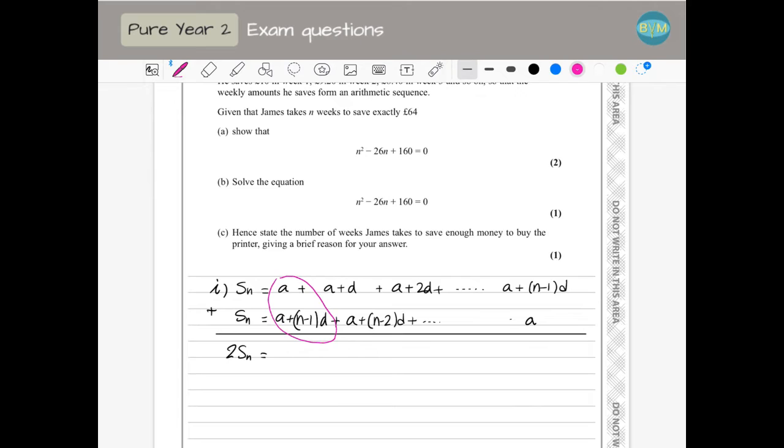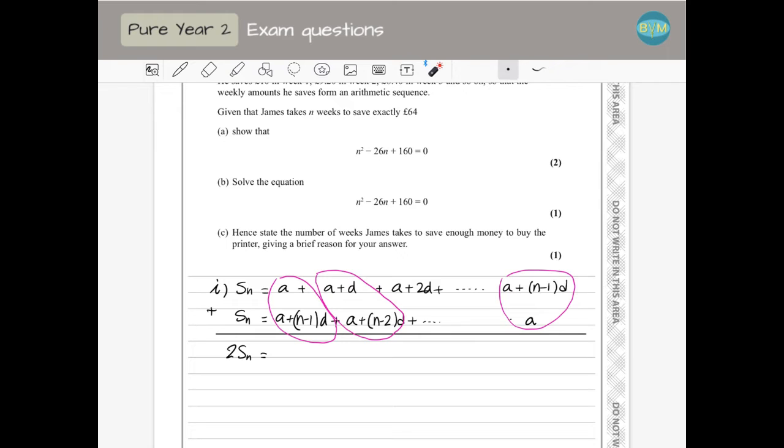If I get this one together with this one, and this one together with this one, and so on, the first one goes with the last one, the second one with the one before last.